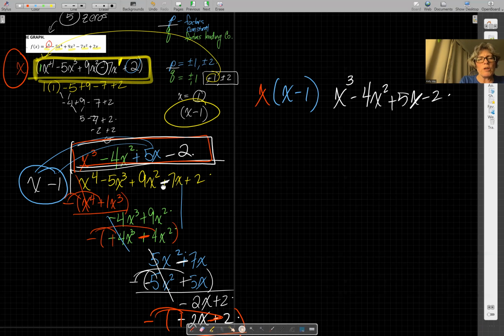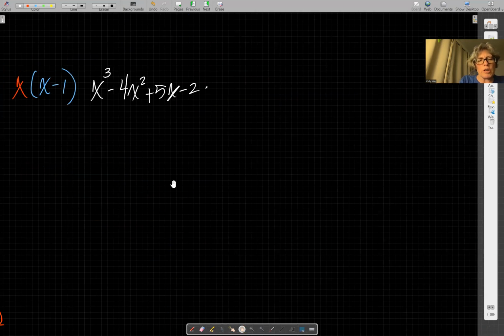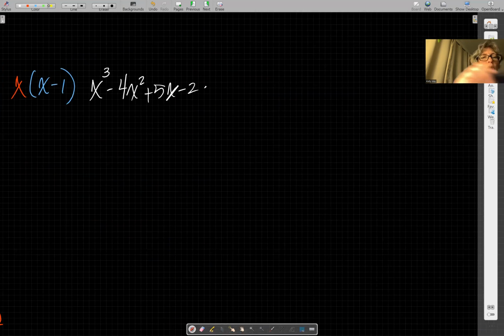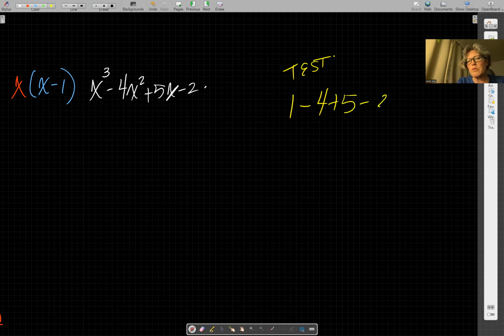Okay, coming over here, we're going to test to see if 1 is a root. So here's our test. I'm just going to pop in 1 wherever there's an x to see if we're lucky and we get a 0 here. 1 times 1 times 1 is 1, minus 4 times 1, so that's minus 4, plus 5 times 1, plus 5, minus 2.